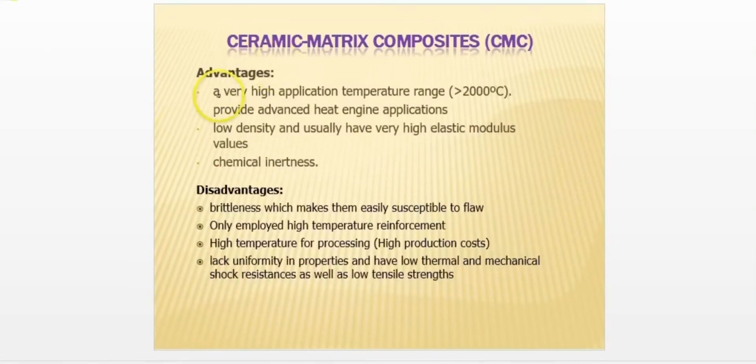Here you may look at the advantages and disadvantages. The advantage is very high application temperature, more than 2000 degrees Celsius, providing advanced heat engine application, and low density, chemical inertness. For the disadvantage, this is the most important one for ceramic: the problem is brittleness.